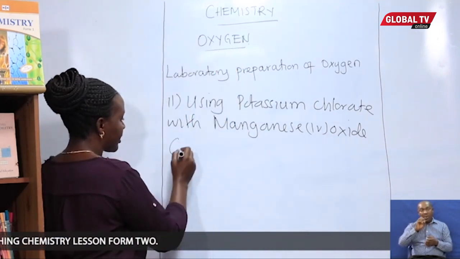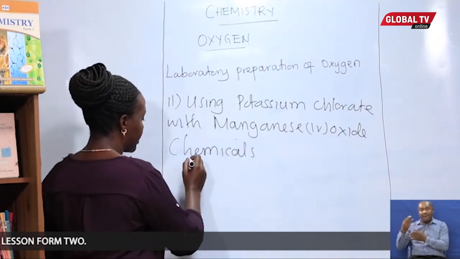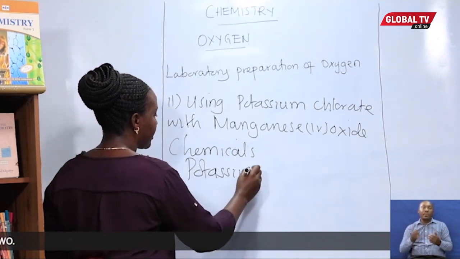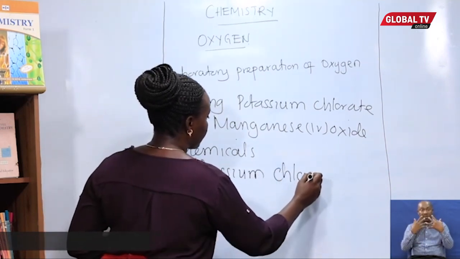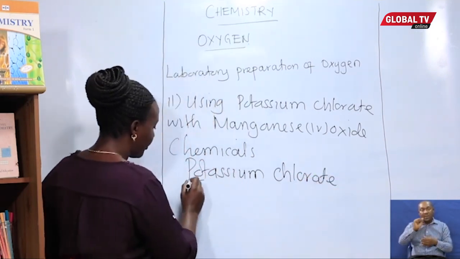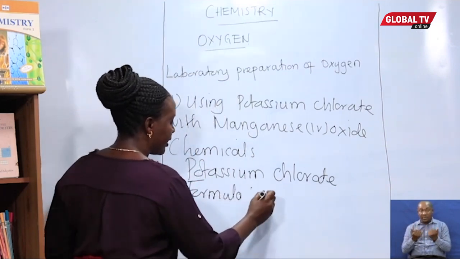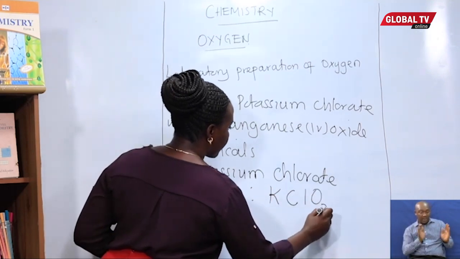Now, our chemicals: the chemicals that you're going to use are potassium chlorate, written in this way. The formula for potassium chlorate is KClO sub 3.